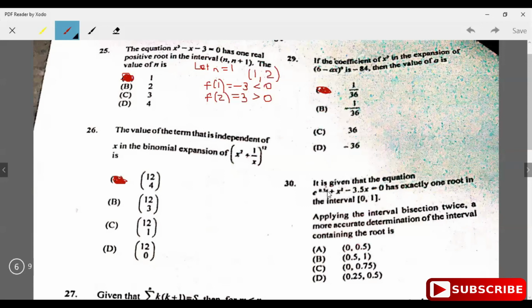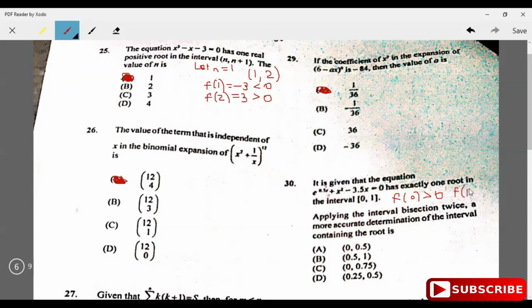E to the 0.5, what is that? Yeah, it's positive. So f of 0 is positive, so we're finding that f of 0 is greater than 0. Now we need to find f of 1.